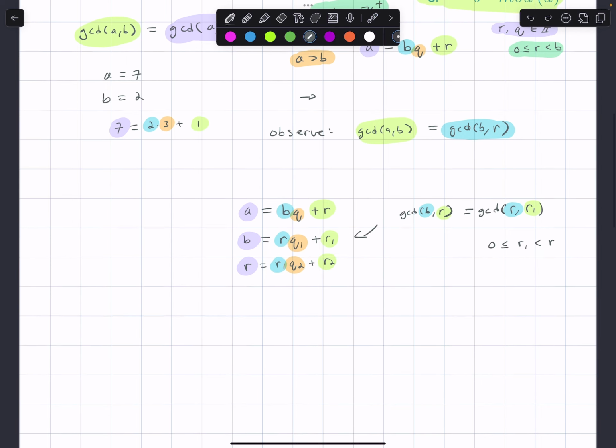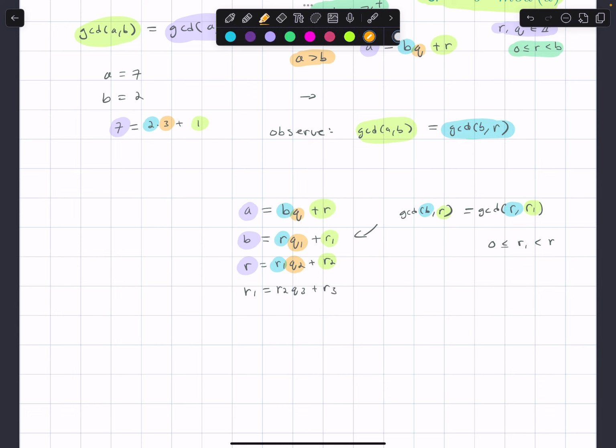And then we get R1 is equal to R2 times Q3 plus R3. At this point, I didn't write the last one, maybe I should just put it in for this one.